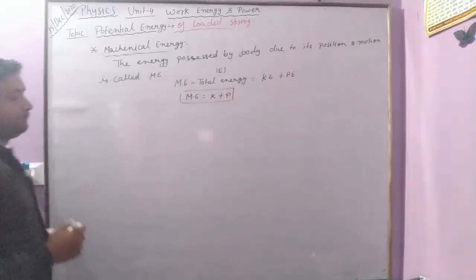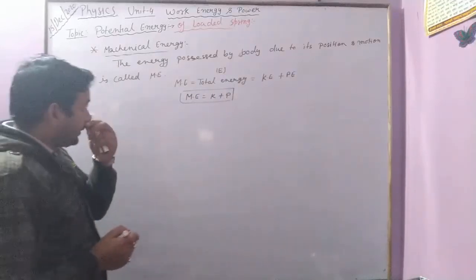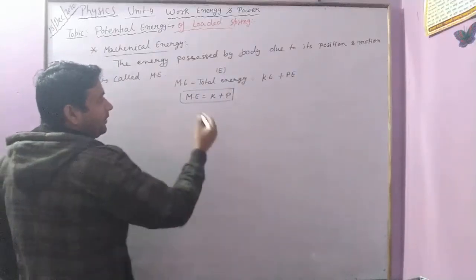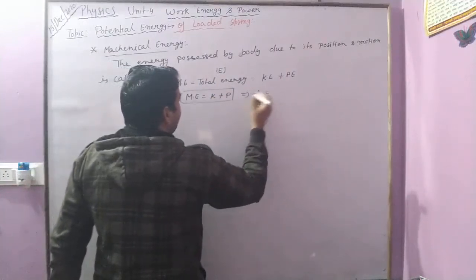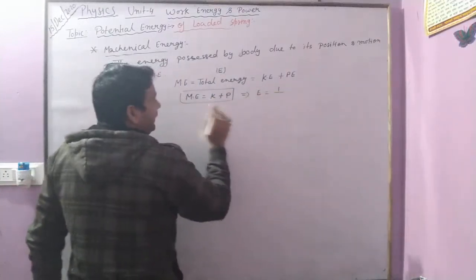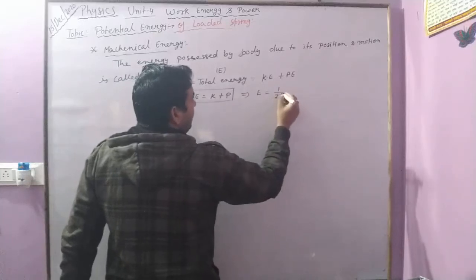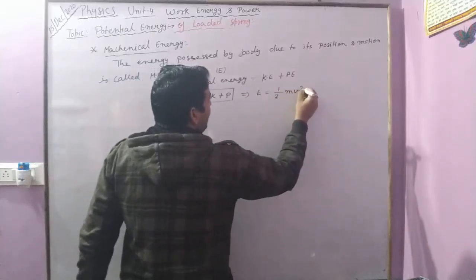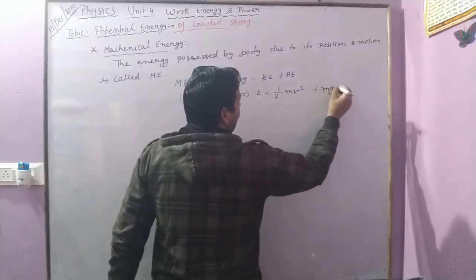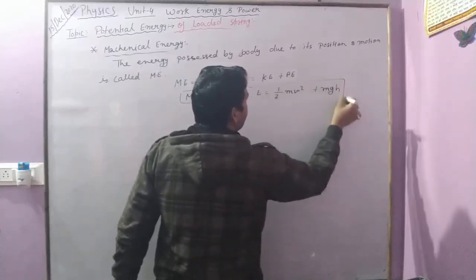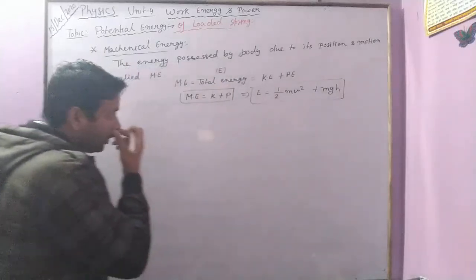Now according to the conservation law of energy, let first this mechanical energy is equal to kinetic energy, half mv square, plus potential energy due to its location, mgh. This is the formula for the mechanical energy.